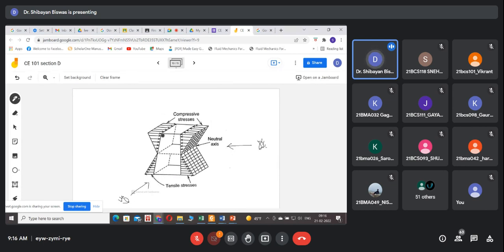This was the case which we have done: this was the neutral layer, on the upper side there was a reduction of the length, and on the bottom side there was an increment of the length of the layer. Due to the change in the length of the layer, some stresses are getting generated.